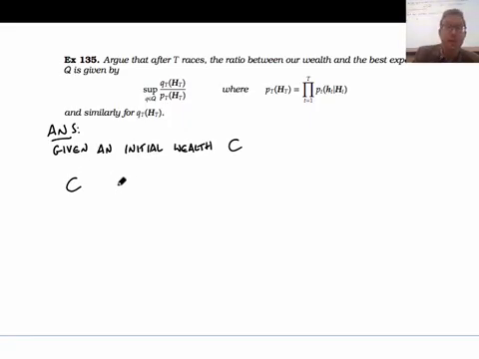Now the amount of money that I invest, or the proportion of that wealth that I invest in round T in the winning horse, H of T, is given by this. Does everyone agree with that? That's the amount of money I put into the horse. We could say T equals 1, that's the amount of money I put into the first horse.